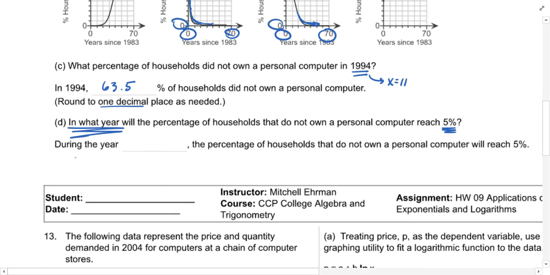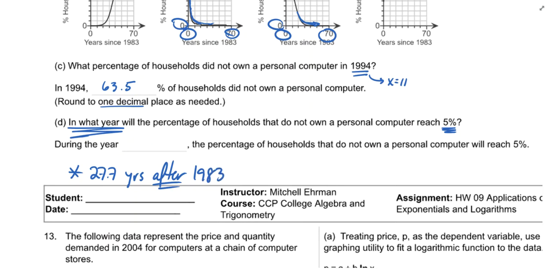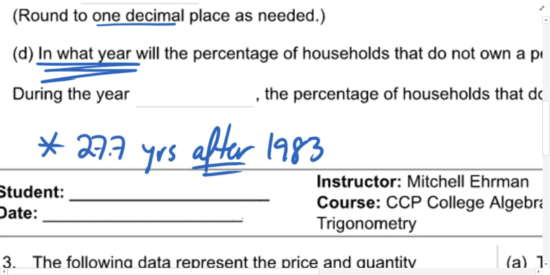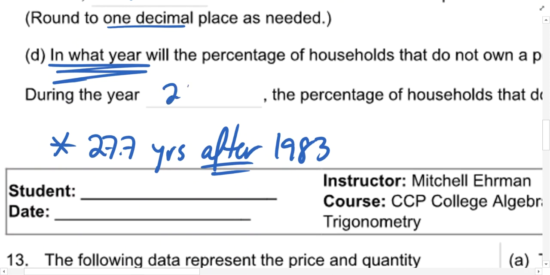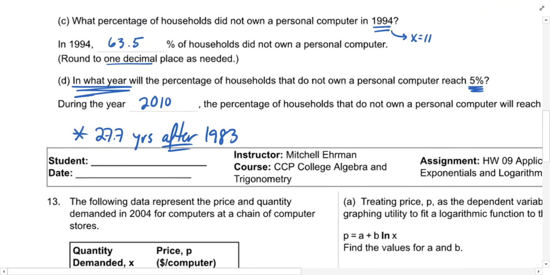So we should note that it's 27.7 years after 1983. And 27 years after 1983 would be sometime in the year 2010. And if we're being real specific, we would say towards the end of 2010, because this 0.7 is almost 3/4 of the way through that year.